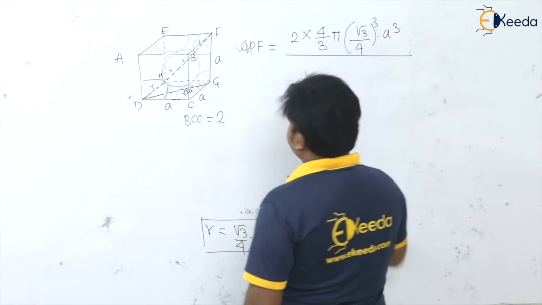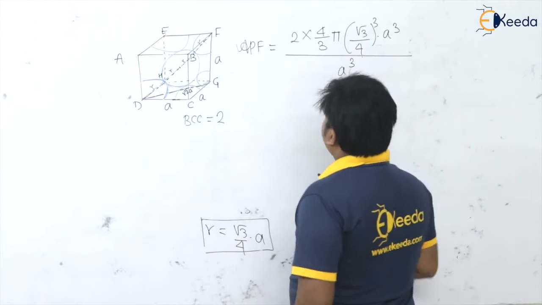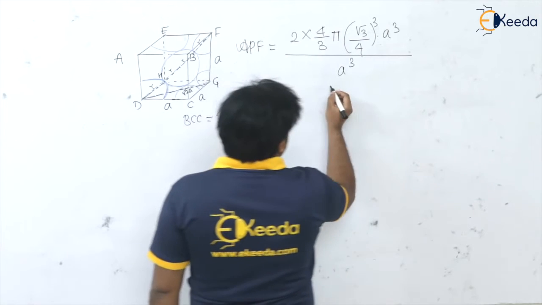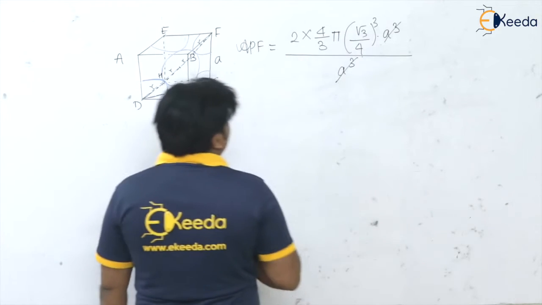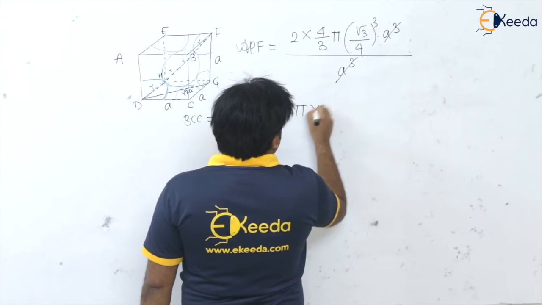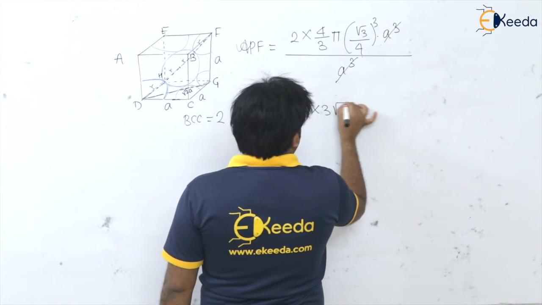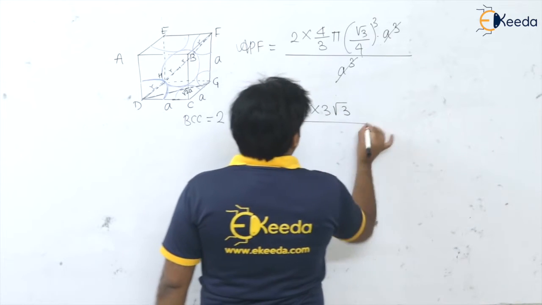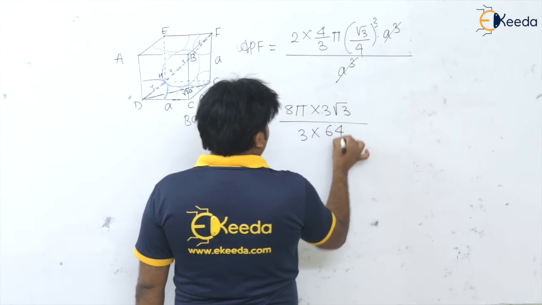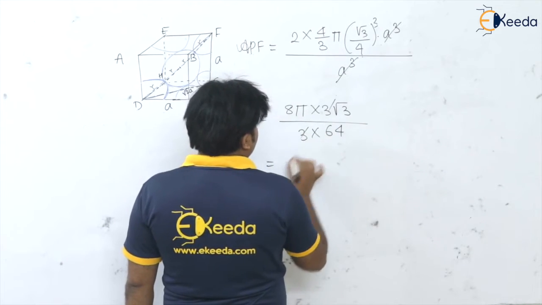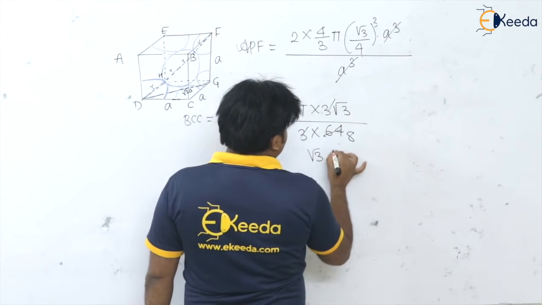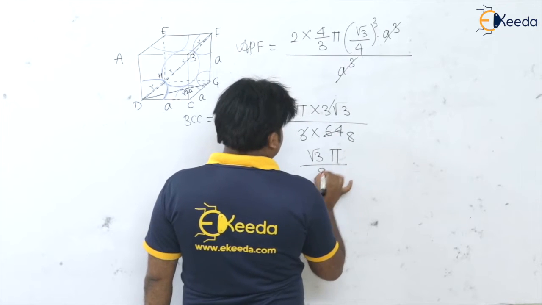Divided by A cube, that is the volume of the unit cell. So let us do the simplification. Here A cube is going to get cancelled out. So here 8 pi into root 3 cube, that is 3 root 3, divided by 4 cube, 64. So 3 gets cancelled, and 8 into 8 is 64. So here root 3 times pi divided by 8.